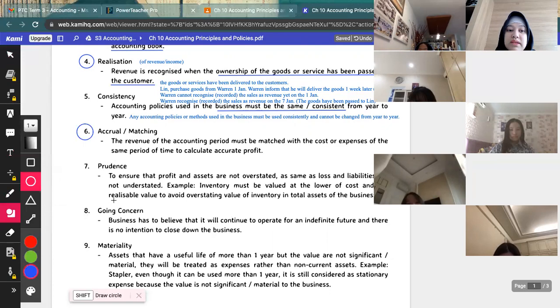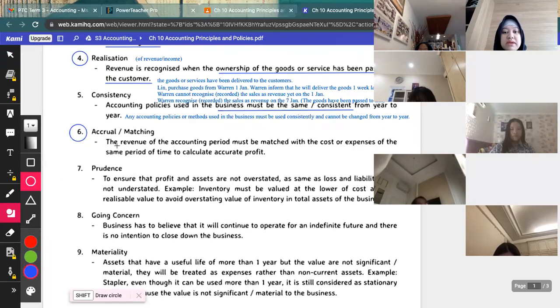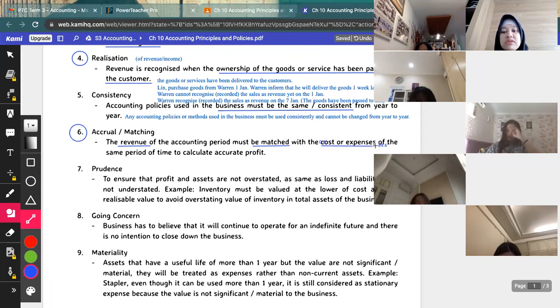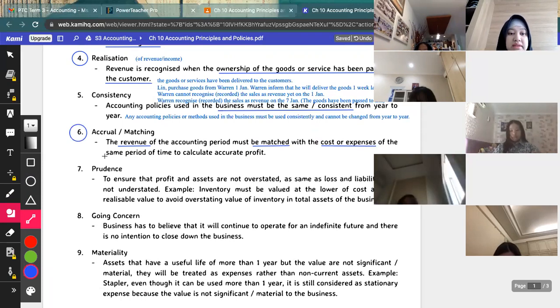And what is that something? The revenue of the accounting period must be matched with the cost or expenses of the same period to calculate accurate profit.